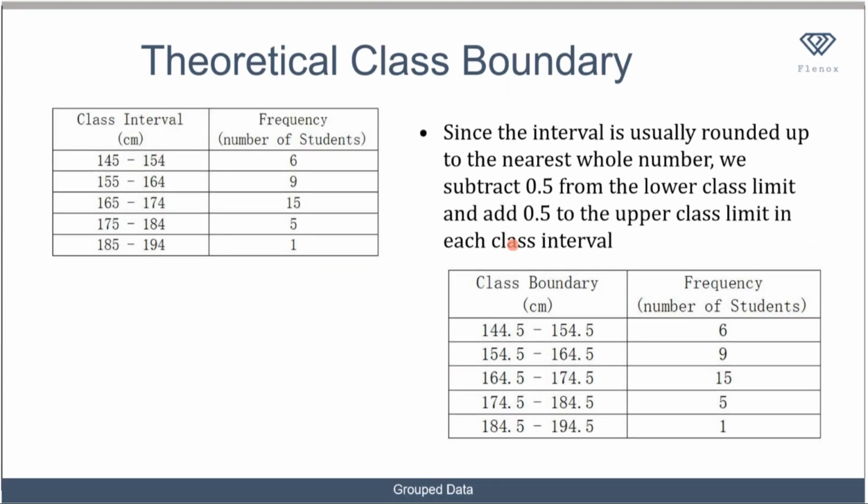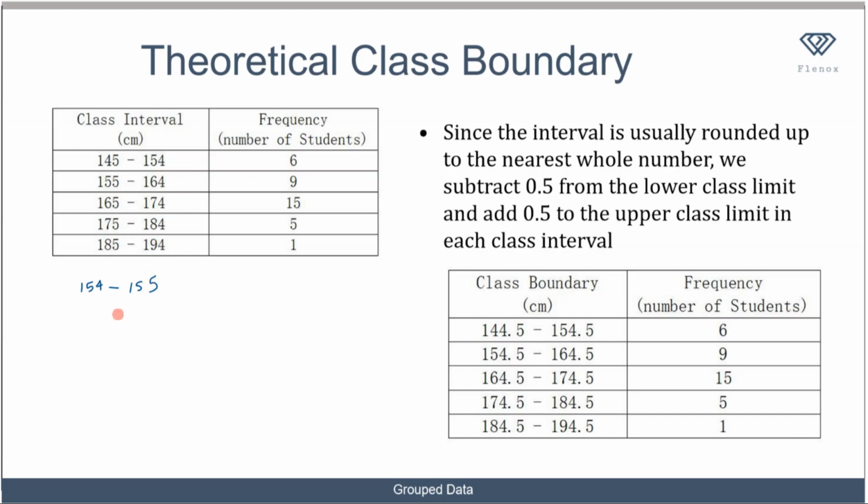So now let's talk about the theoretical class boundary. If you look at our former class interval that we constructed before, you can see that it moves from 145 to 154, 155 to 164. But now what happens for data that fall between 154 and 155?